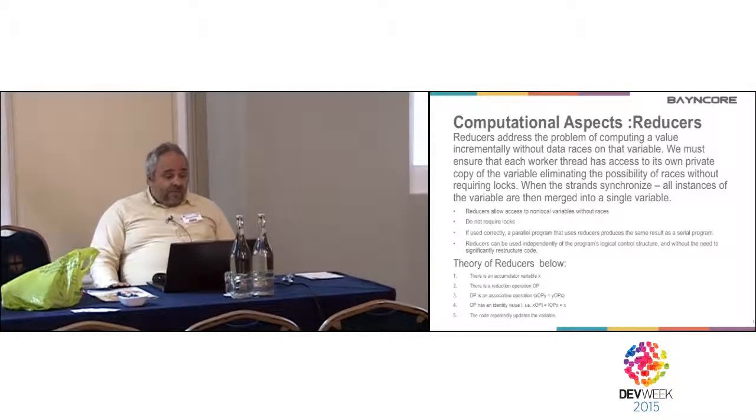In mathematical terms, a reducer is actually what's known as a monad, if anyone comes from a mathematical background. But basically what that means is they're associative, and also you can string them together in various useful ways.